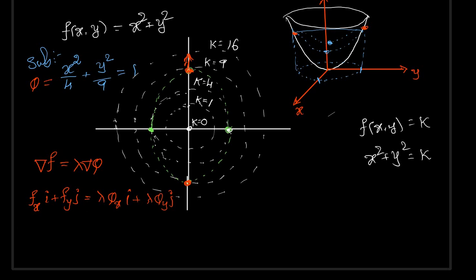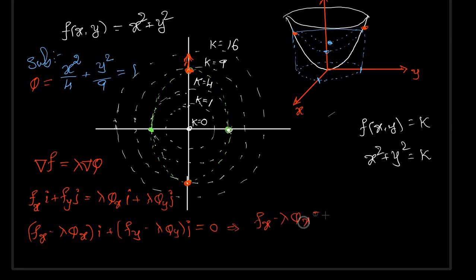It means that (fx minus lambda phi x) i plus (fy minus lambda phi y) j must be equal to 0. It means that fx minus lambda phi x must be equal to 0, and fy minus lambda phi y must be equal to 0.